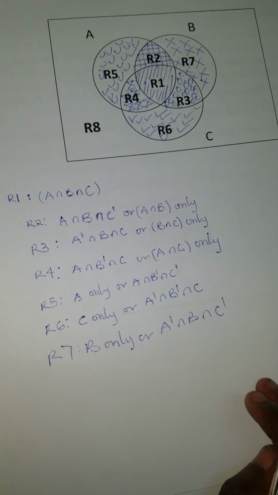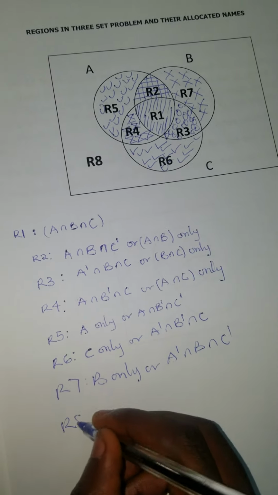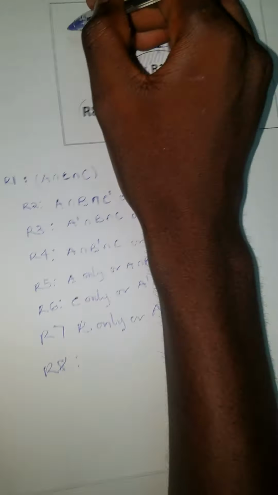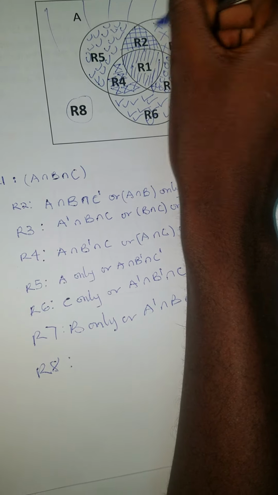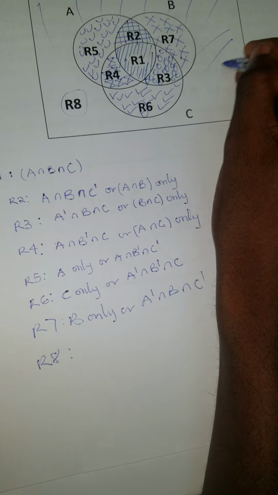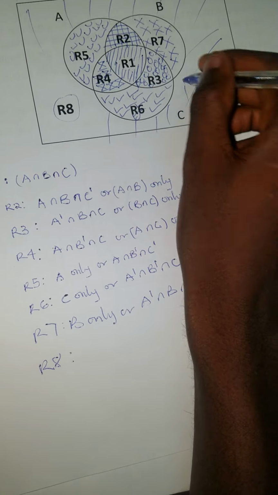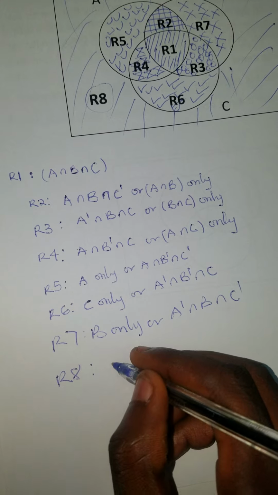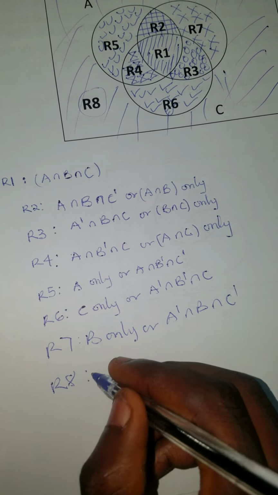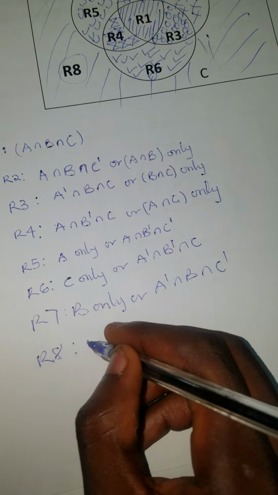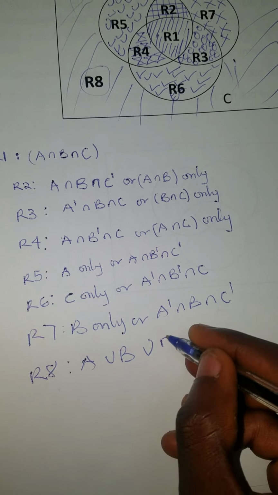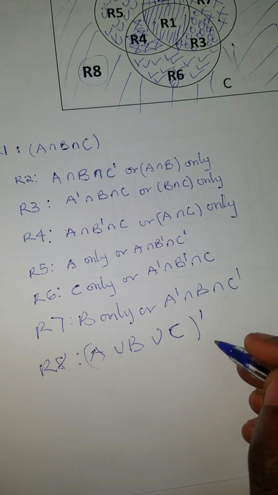Then our last region we are looking at is region 8. Region 8 is the whole of this, the outer part of the circles. We call that region A union B union C complement.